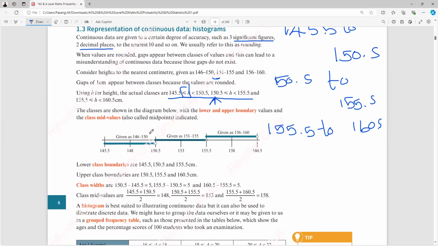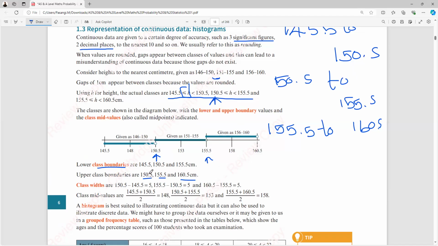The lower class boundaries are 145.5, 150.5, 155.5. Then the upper class boundaries are, according to this first class, 150.5 as the upper boundary, and for this class 155.5 is the upper boundary. 160.5 is the next upper boundary.